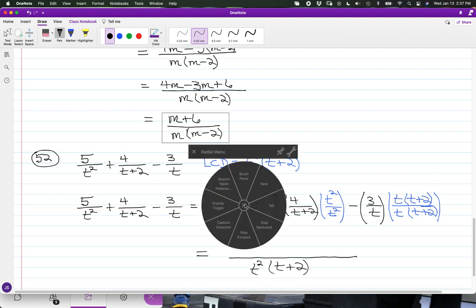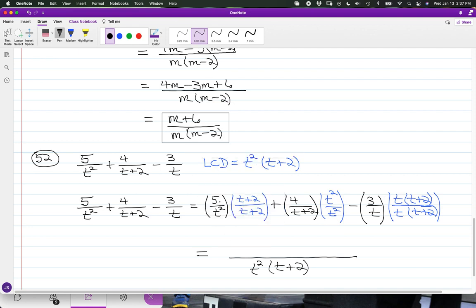Looking at the numerators, we have 5 times t plus 2, and multiplying out, I get 5t plus 10, plus 4 times t squared. For the last part, I'll add a little extra step: you have subtraction, 3 times t times the quantity of t plus 2.